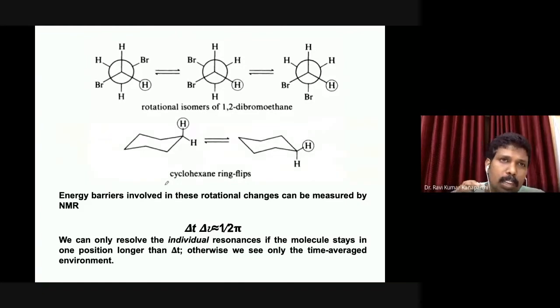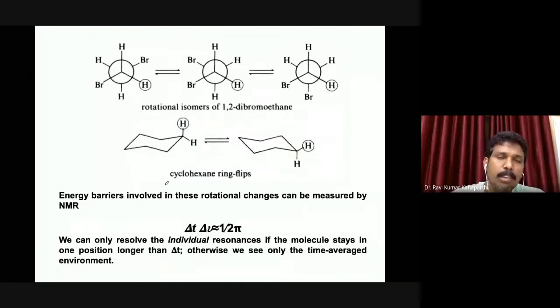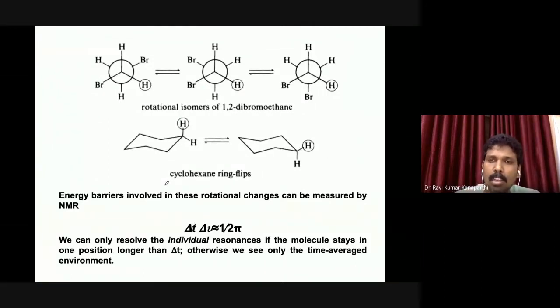Okay, if it is rotating slowly, that is exactly what happens in the case of N,N-dimethylformamide, DMF. Its short name is DMF; dimethylformamide, we say in a routine chemistry laboratory. So DMF will show two signals at room temperature because of the restricted rotation.